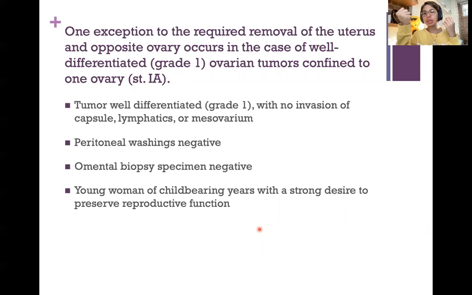Then we can leave the rest of the structures behind. Just remove the affected side, the unilateral salpingo-oophorectomy. And then still, of course, monitor afterwards. You have removed already the nodes, the omentum, and the peritoneal fluid because you were able to identify all these. So there you go.